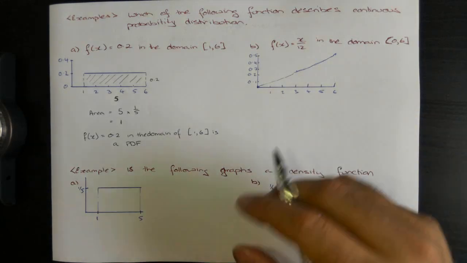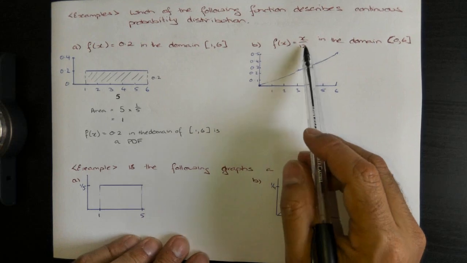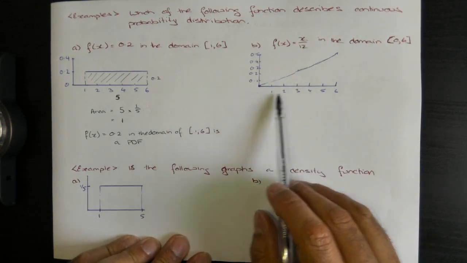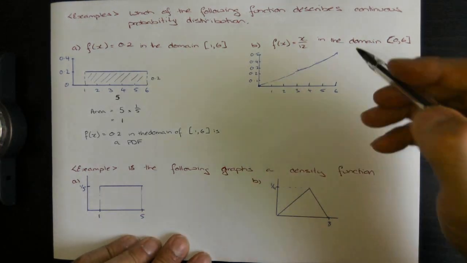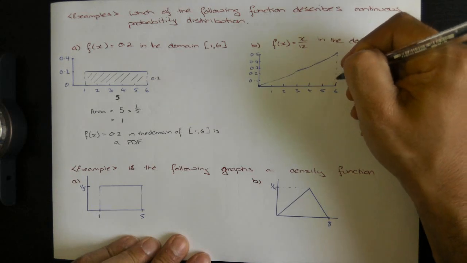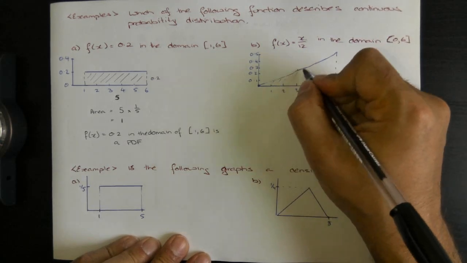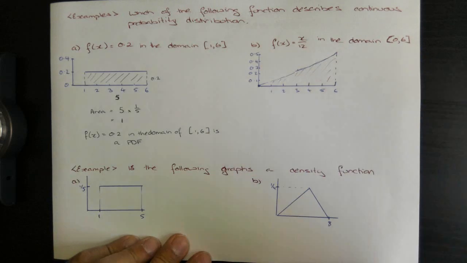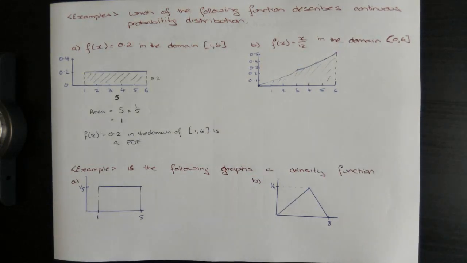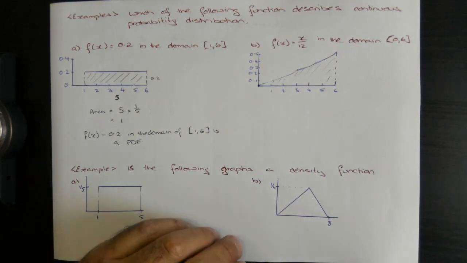I've got a function f of x equals x over 12 in the domain from 0 to 6. That's what it would look like. So we're going to try to figure out, is the area under here from 0 to 6 equal to 1?